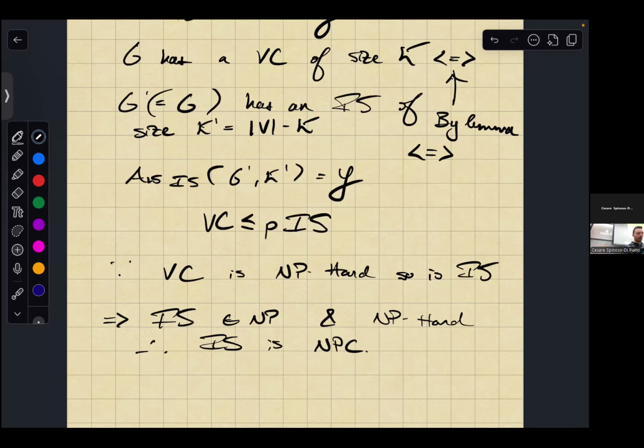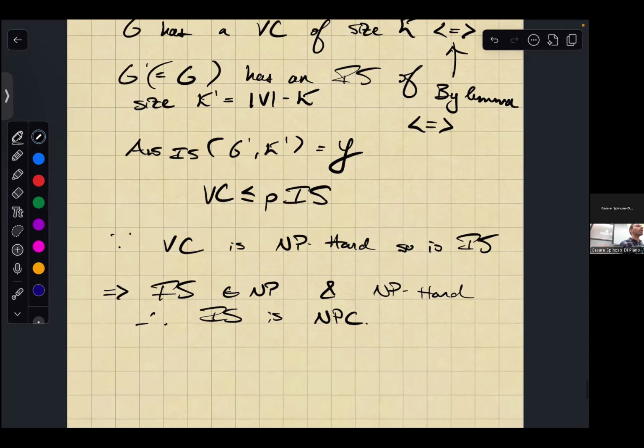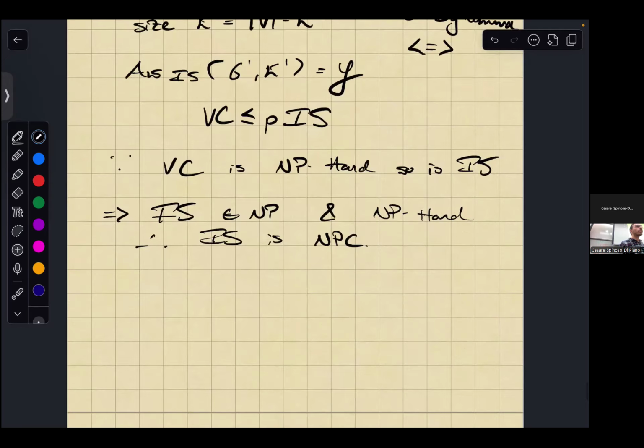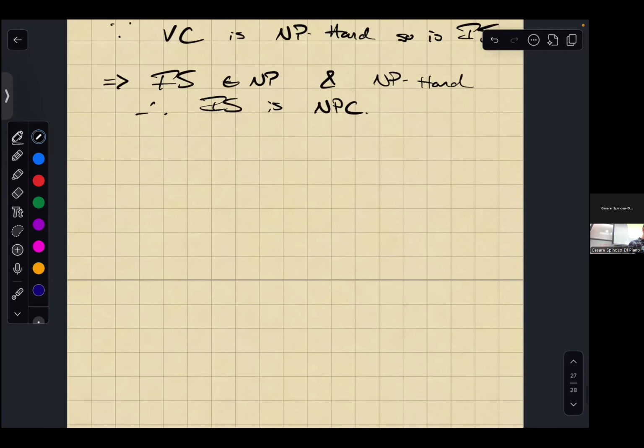It's going to be another NP complete reduction. It's actually going to be the same sort of goal. I want to show that independent set is NP complete, but I'm going to use a different problem to reduce to it, for reasons that I will only tell to myself. Okay, so hopefully people have finished copying. Now I'm going to do the same thing.